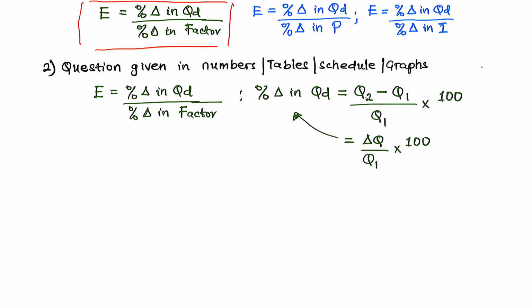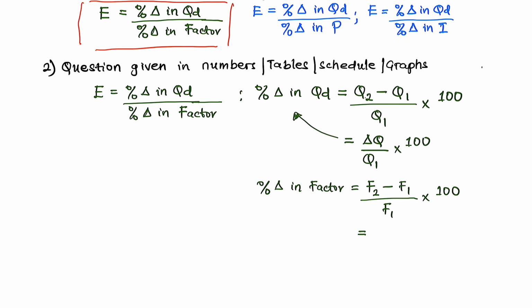Similarly, let's break down the second part. Percentage change in factor equals the new factor value minus the old factor value divided by the old factor value multiplied by 100.